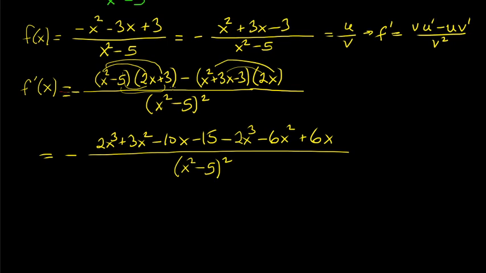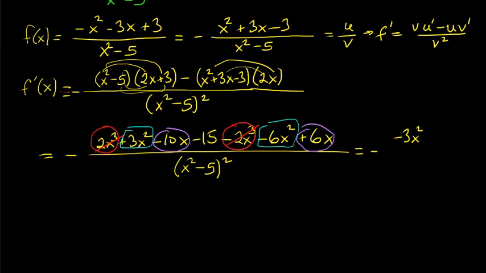So there's a few things we can do in the numerator. You should notice that 2x cubed minus 2x cubed is 0. And then we can do 3x squared minus 6x squared, so that'll leave us with a negative 3x squared on top. And then negative 10x plus 6x is negative 4x.